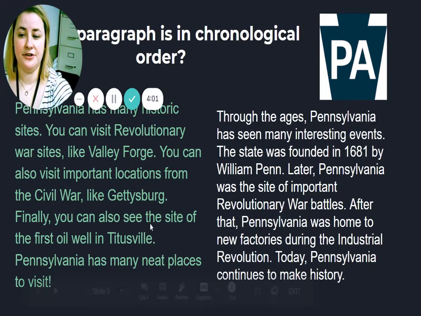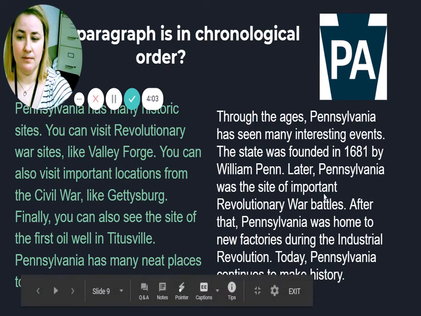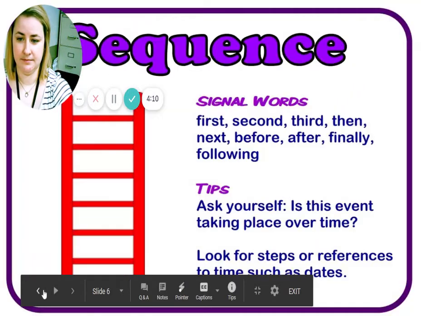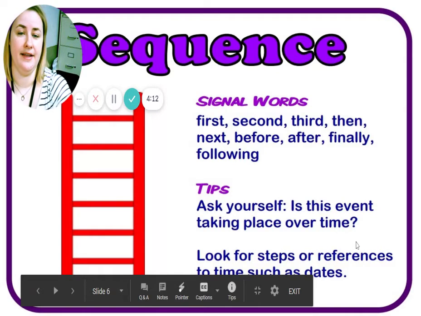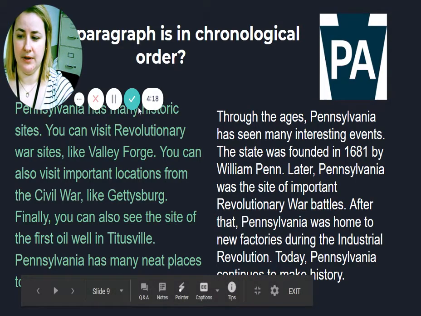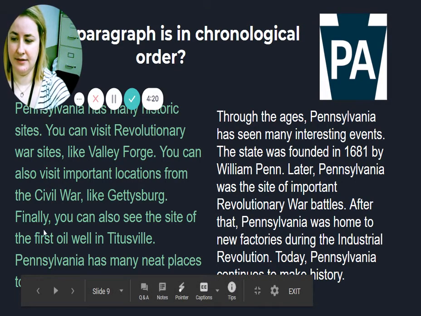So looking at these two paragraphs, we're going to look for those signal words. They got first, second, third, then, next, before, finally. These are the words we're going to be looking for. So this one, the first paragraph, we see the word finally, but we don't really see any other signal words in that one.